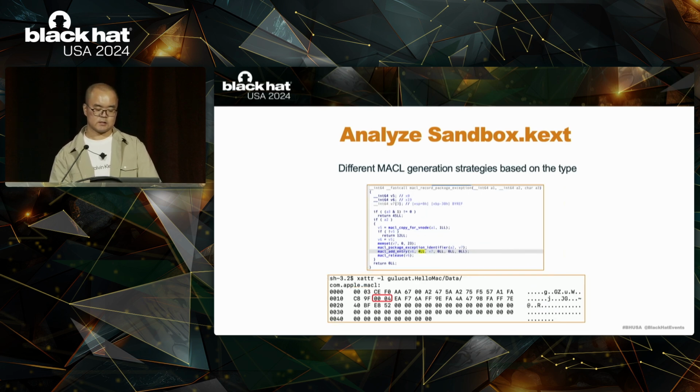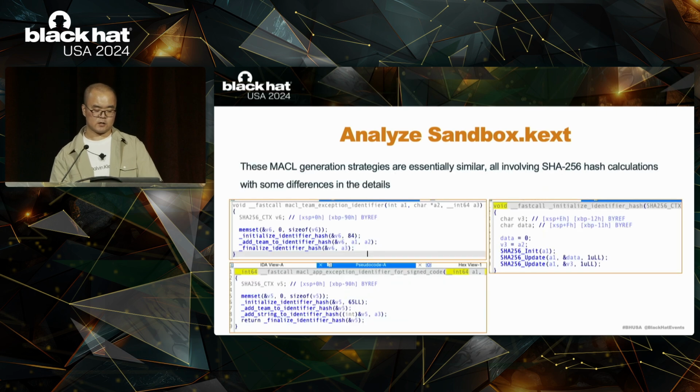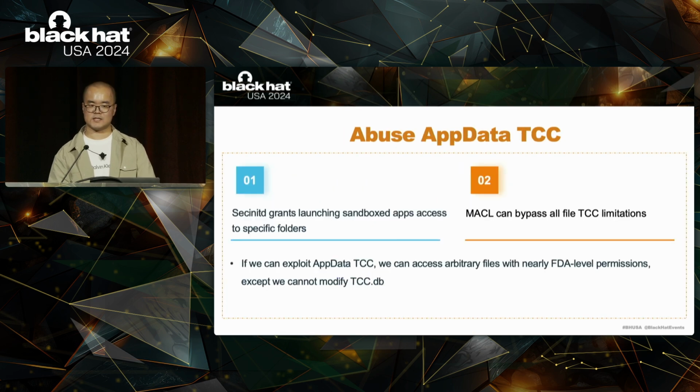Actually, these macAL generation strategies are essentially similar, all involving SHA-256 hash calculations with some differences in the details. So now we know that the seatbelt init daemon grants launching Sandbox apps access to specific folders. 2, macAL can bypass all TCC or file TCC limitations.